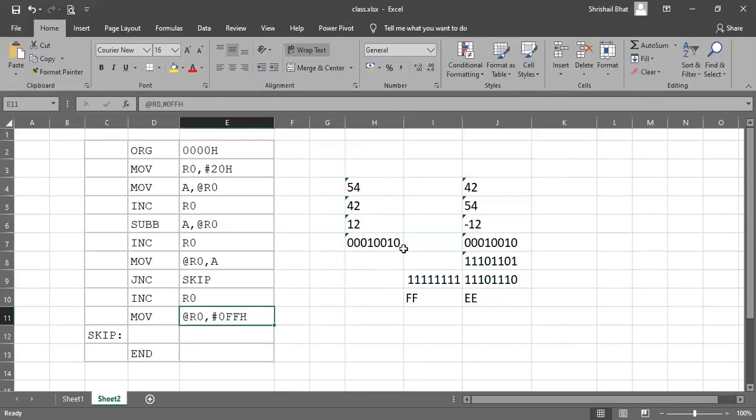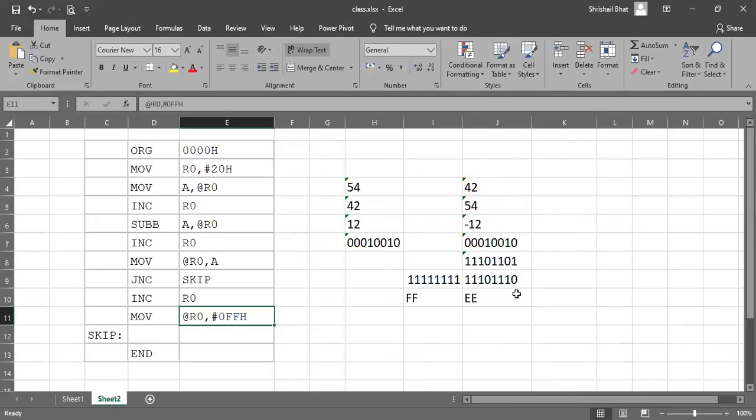Suppose you are subtracting 42 minus 54, the answer will be minus 12. So how do you write minus 12? Minus 12 is actually the 2's complement of this number. What is the 2's complement of this number? You find the 1's complement and add 1 to it. So if you add 1 to this, you'll get 1110, 1110. So what is 1110, 1110? It will be EE, right?